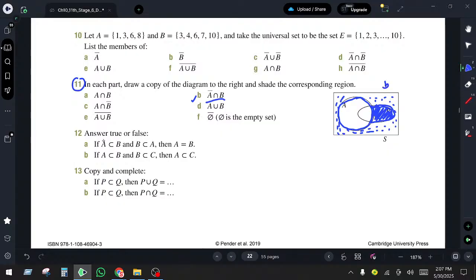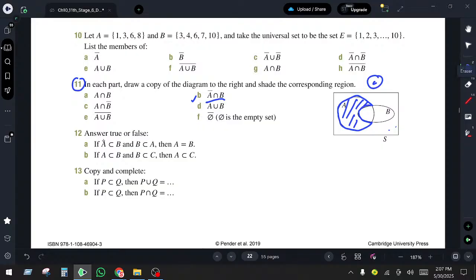This is your A bar intersection B. And next, the third one, A intersection B bar. Similarly, you can think A intersection B bar could be this. B complement means the entire outside of B, and here it is the common portion. This is your C.